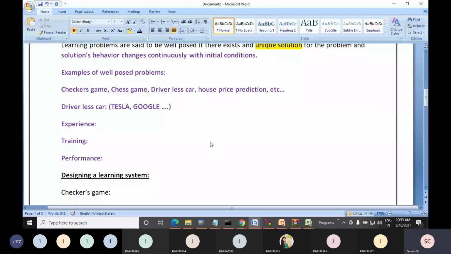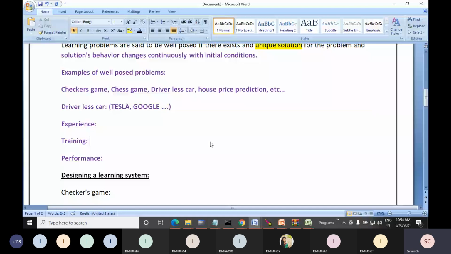See, we are trying to develop a driverless car, an autonomous car. So training data, from where will it get it? The training data should be from past experience, past drives.